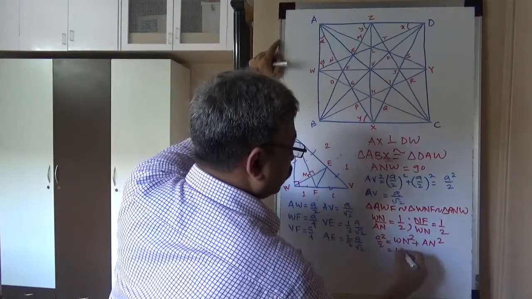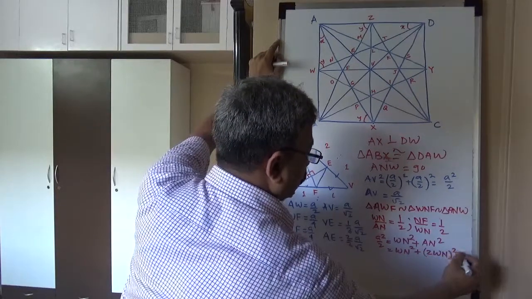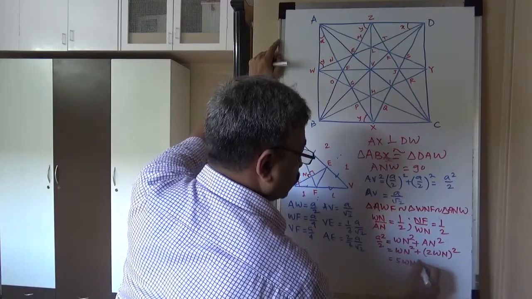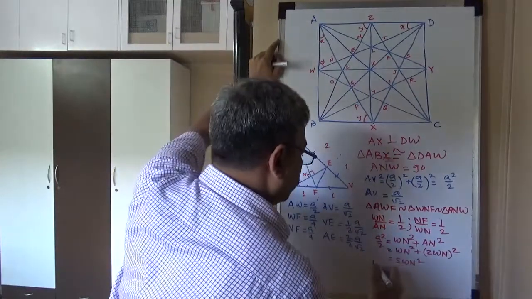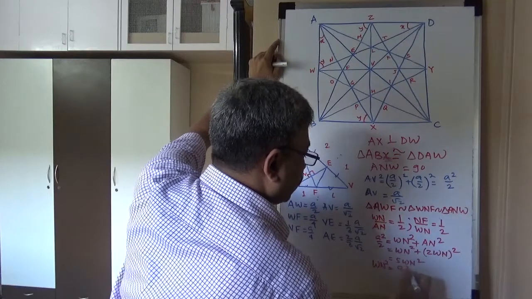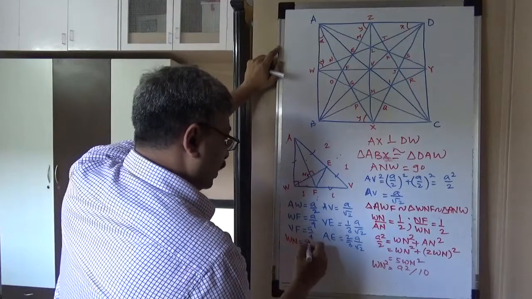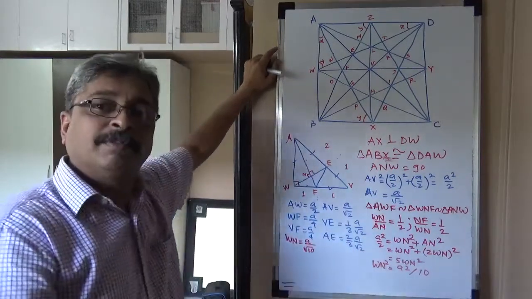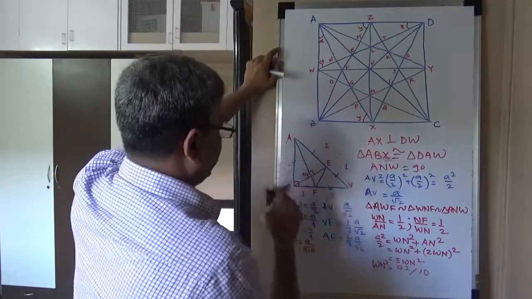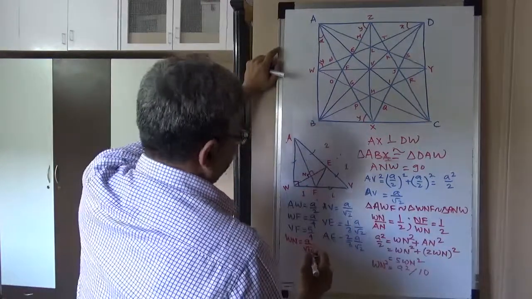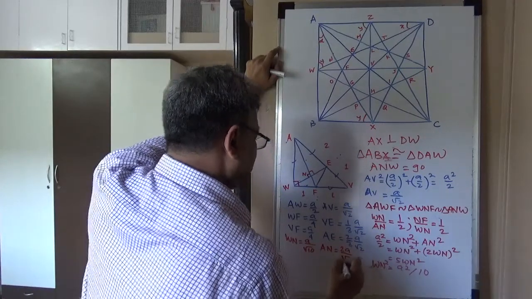So WN square plus 2WN square, which is 5WN square. So WN square is equal to a square by 10, and therefore WN is equal to a upon root 10. A bit involved but doable. WN is equal to a upon root 10, and AN is 2 times this. So AN is equal to 2a upon root 10.